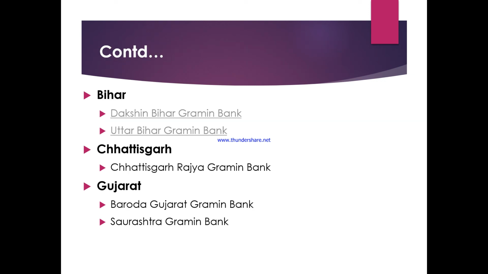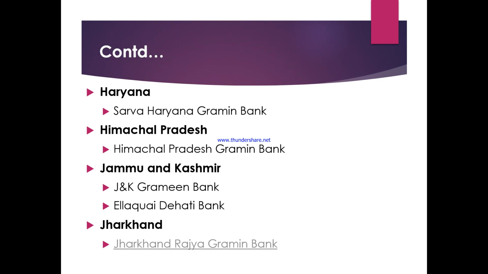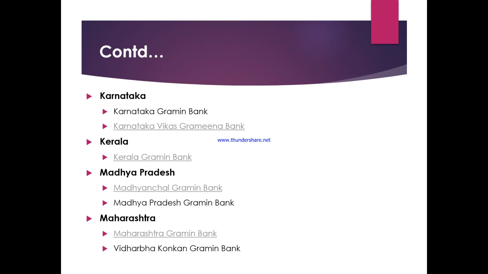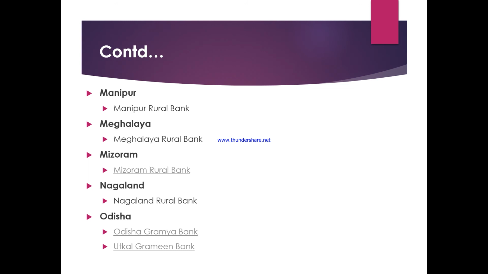Arunachal Pradesh, Assam, Bihar, Chhattisgarh, Gujarat, Haryana, Himachal Pradesh, Jammu and Kashmir, Jharkhand, Karnataka, Kerala, Madhya Pradesh. We are interested in Maharashtra. So in Maharashtra we have two kinds of rural banks, called Maharashtra Gramin Bank and Vidarbha Konkan Gramin Bank.